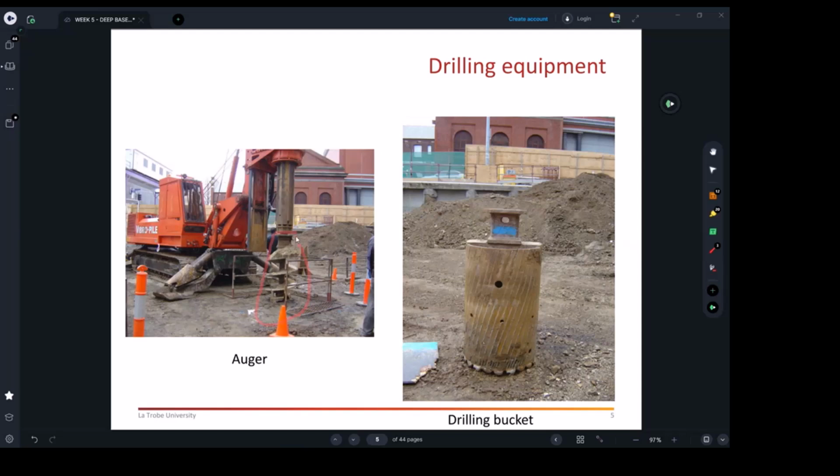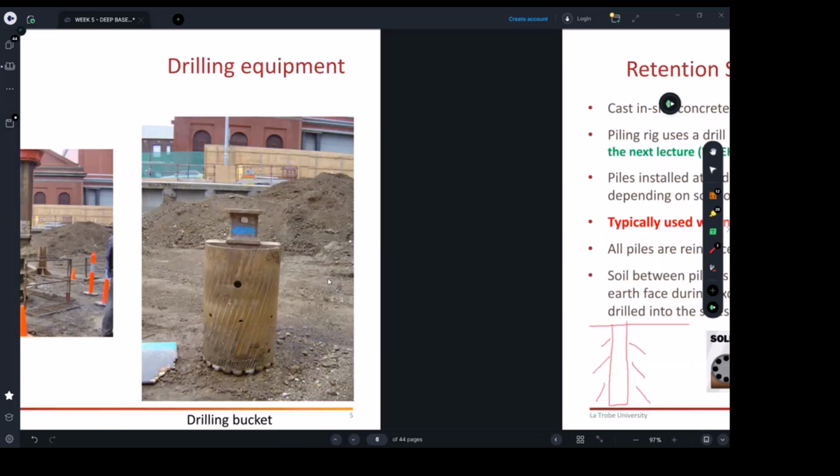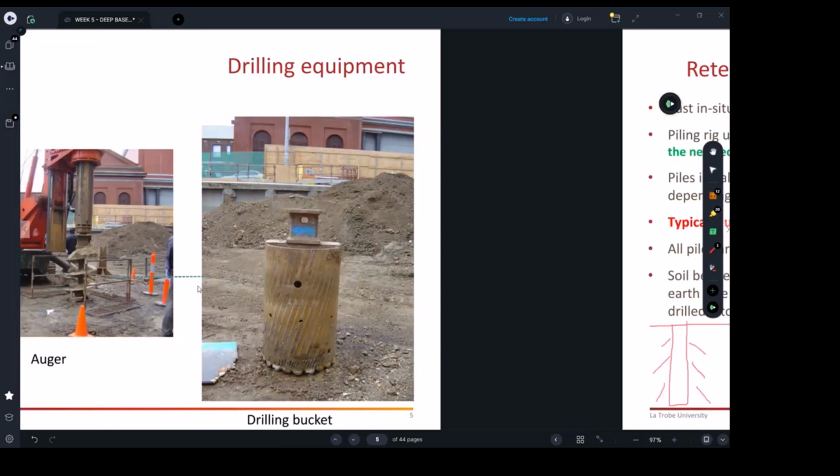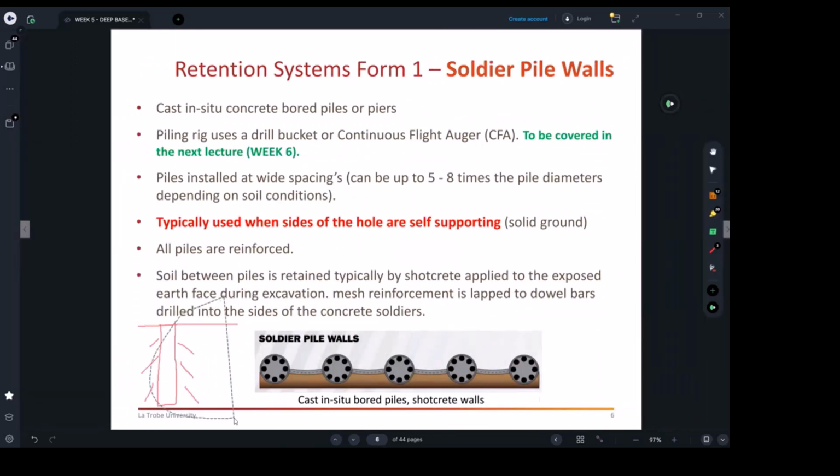It's actually going to excavate, and once it reaches the bottom of the pile location, as per the design, then it will start pouring the concrete. So it excavates and pours the concrete. So that's really the CFA process, which we will talk to you about next week and show you some videos and some examples about it.